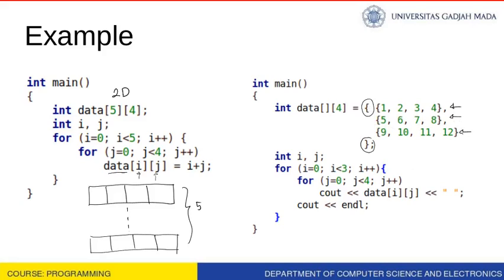These are the 3 sub-arrays, and it will be the size of the first dimension. So this is the row, and then inside of each row we have 4 elements here, and we can see that the size of the column will be 4 here.